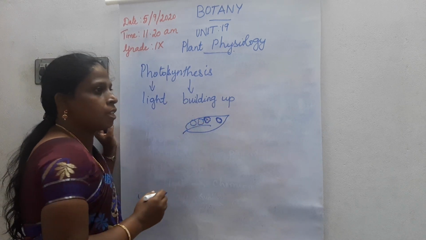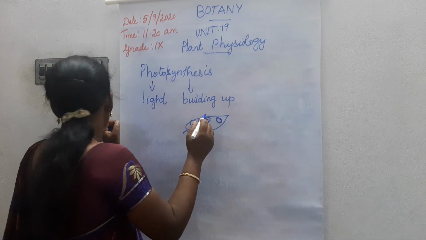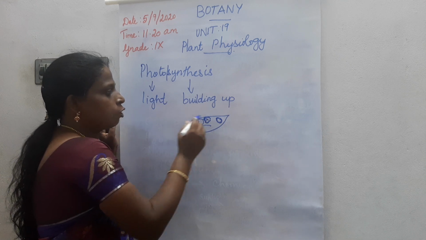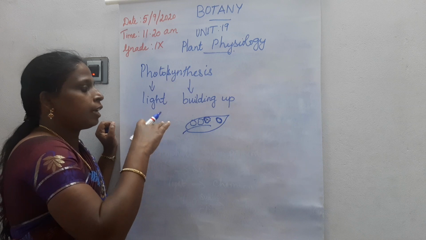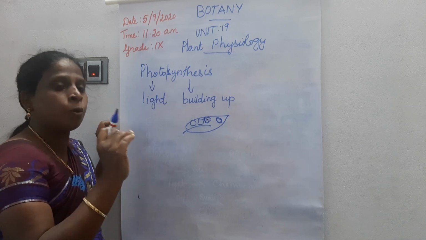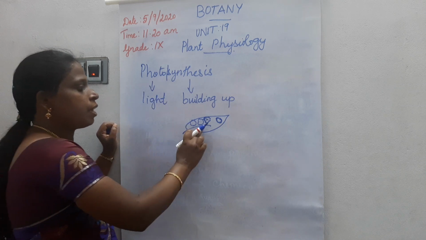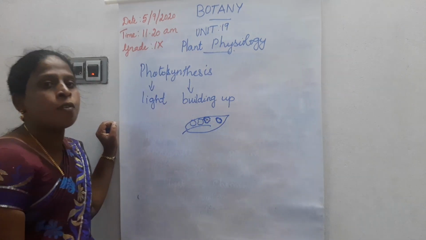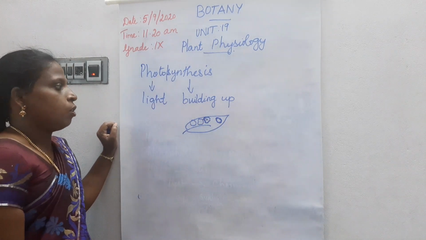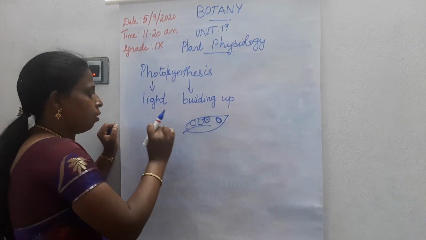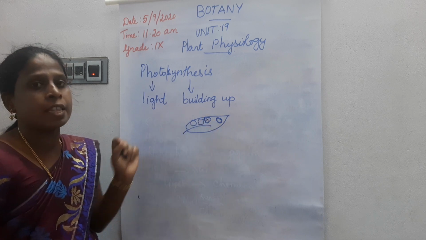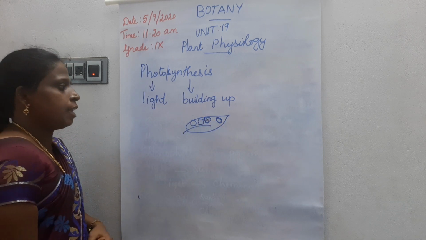The photosynthesis has taken place in that place, and the starch is prepared and stored in that place, so it changes to blue-black in color. From this experiment, we can prove that chlorophyll is necessary for photosynthesis.